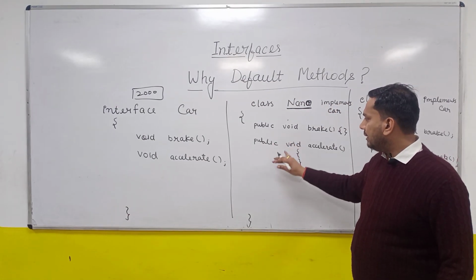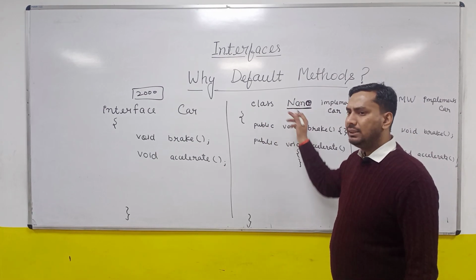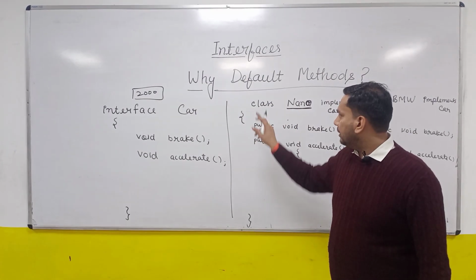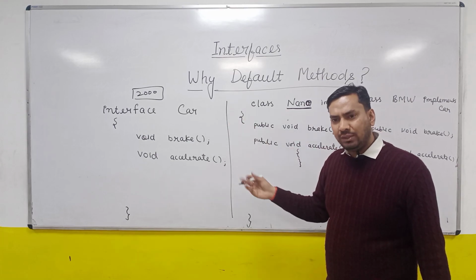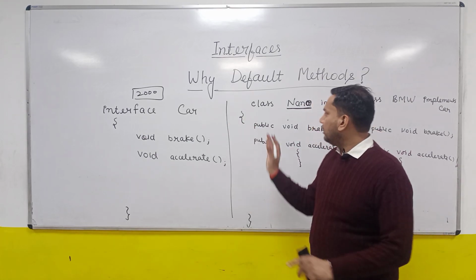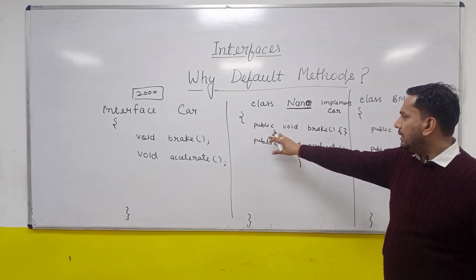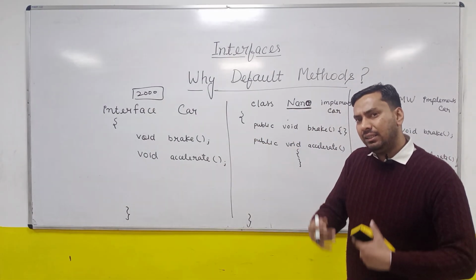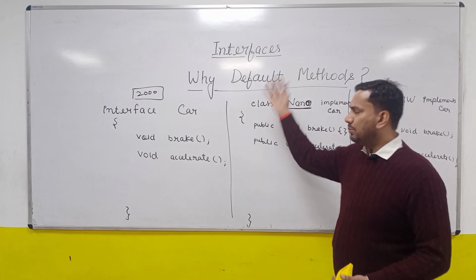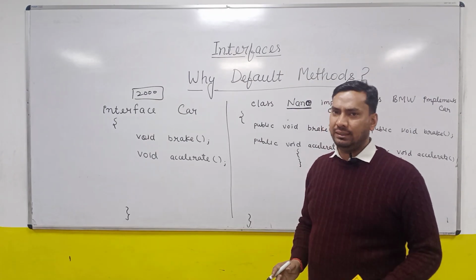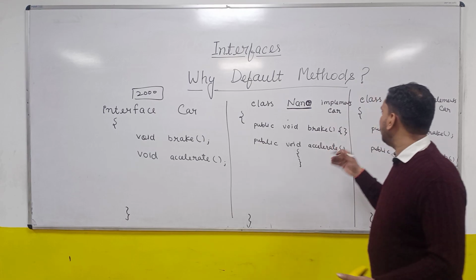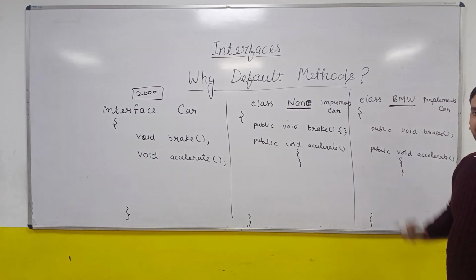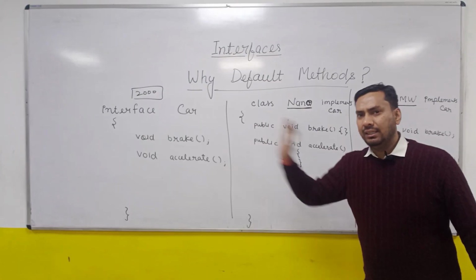So they implemented these two methods, and now objects are getting created because this class has to be non-abstract to be instantiated. So n number of Nano objects might have been created. Similarly, another class, let's say BMW, is created by inheriting this Car interface.